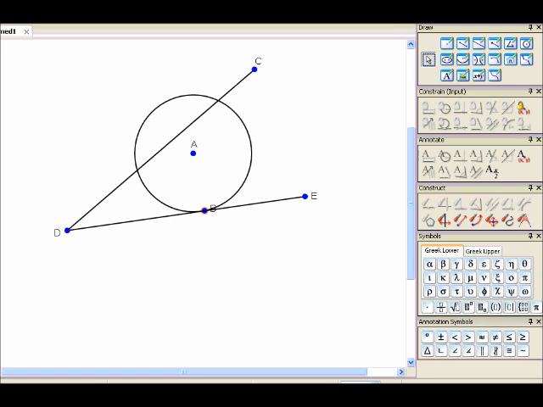So the tangent is just any line segment that is touching the circle at one spot. Now what we want to look at is this piece right here, from the point of tangent C out to the point outside the circle. Remember, this is the external tangent segment.